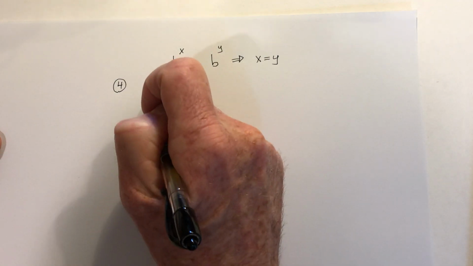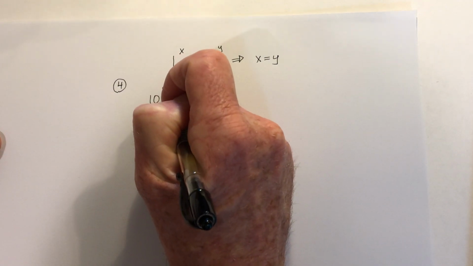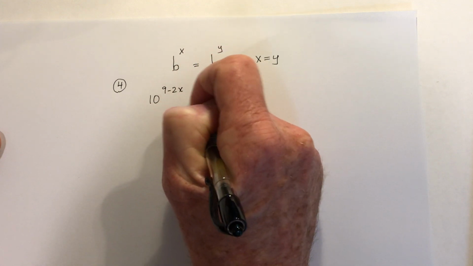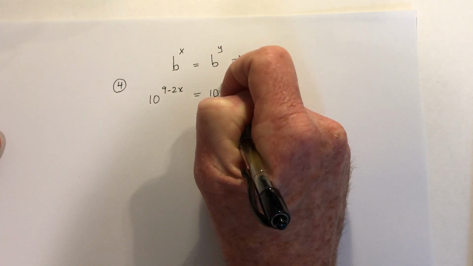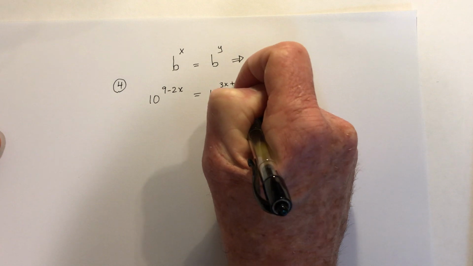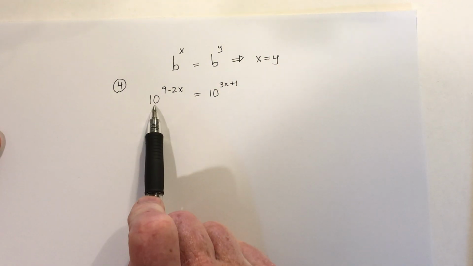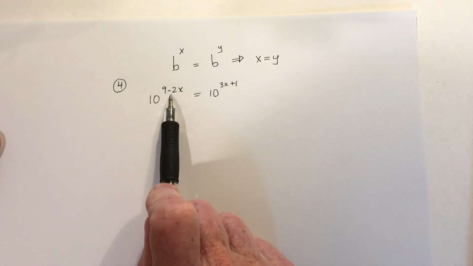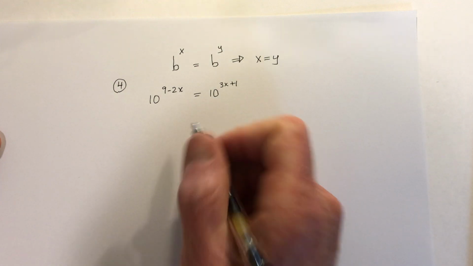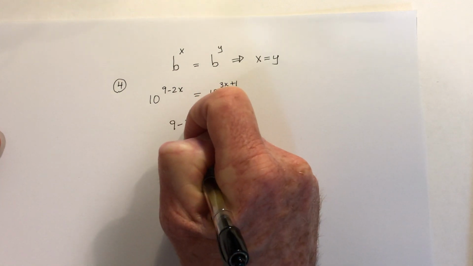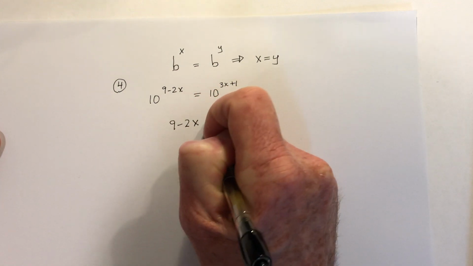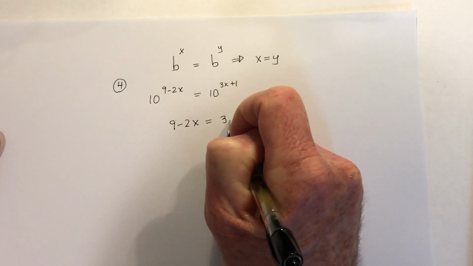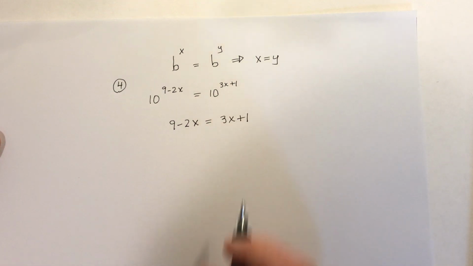And what if it was 10 raised to the 9 minus 2x equals 10 raised to the 3x plus 1? Well, the bases are the same, so that means the exponents have to be the same. So the exponent 9 minus 2x on the left side has to equal the exponent 3x plus 1 on the right side.